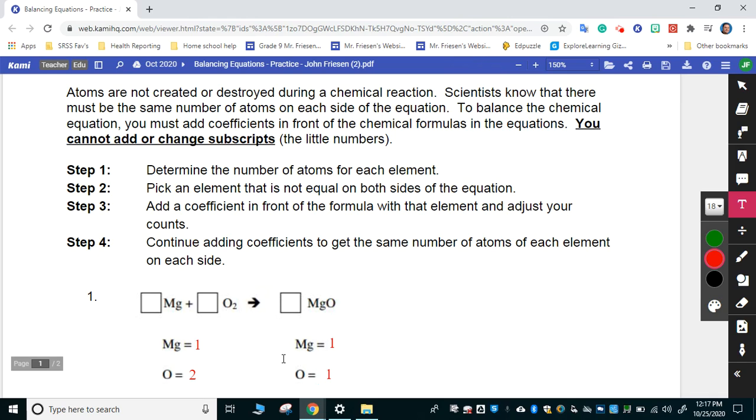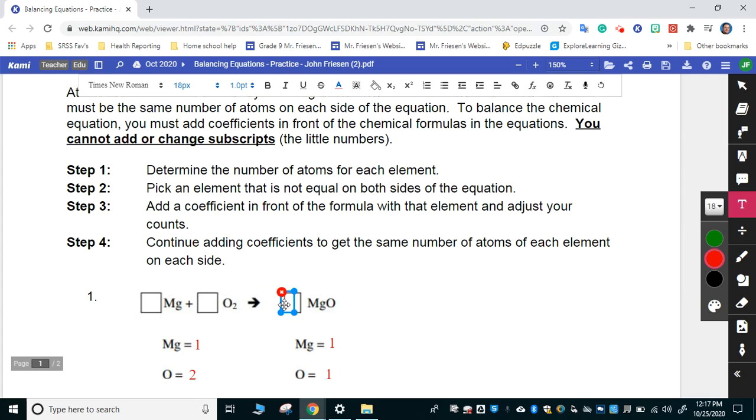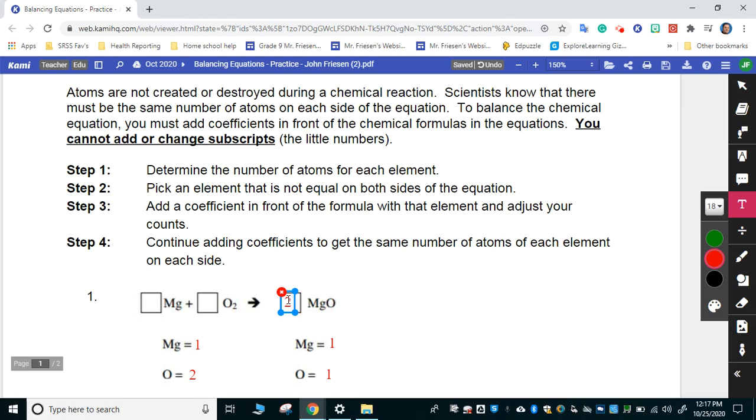And so how could we make this oxygen on this side the same as the oxygen on this side? Remembering that when we have a coefficient, we multiply it by the subscript. Okay, so this is a 1. How could we make a 1 into a 2? Okay, well, we would put 2 here. When we put a 2 there, we have 2 times 1, which is 2.